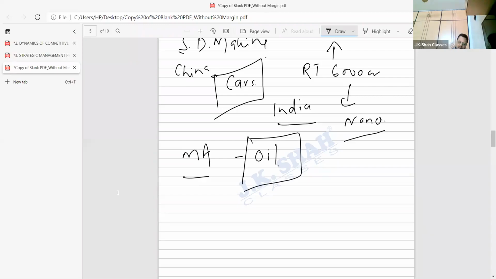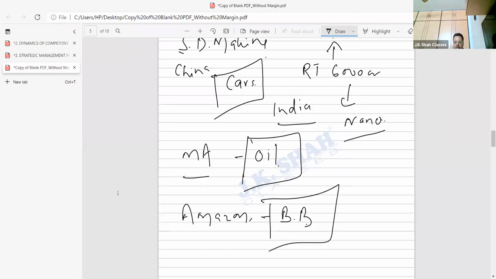Then he also gets a feeling that there is Jeff Bezos, owner of Amazon, who is becoming the richest person in the world with his retail and online business. So why should I not enter that business which gives so much profit? There are reports, and this is the confirmed report, students: he is going to purchase Big Bazaar. I think I told you all, he's offered them 24,500 crore rupees.